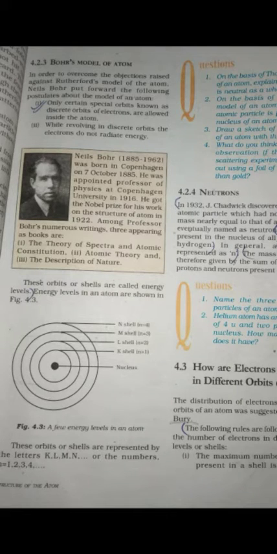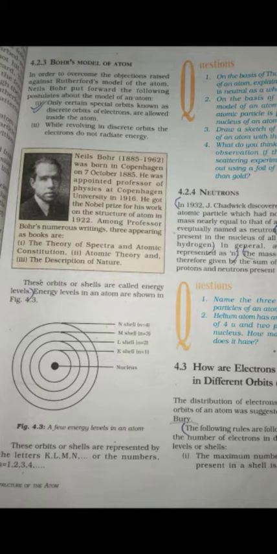In the center, what is present? The nucleus is present, and round the nucleus there are shells. These shells are also called orbits. Here you can see 4 shells: K, L, M, N, the first, second, third and fourth shell.